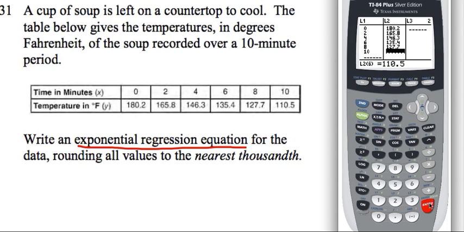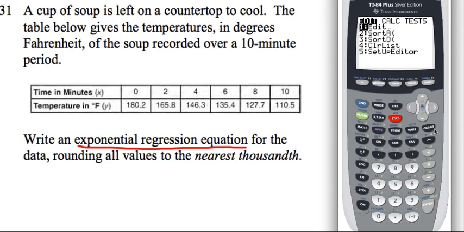Alright, so I plugged in all the values in here. It seems to be correct. Alright, now what we have to do is press stat one more time and go for the calc. And since what we're looking for is exponential regression, we're going to go down till we see 1.